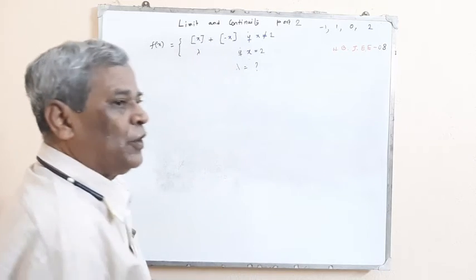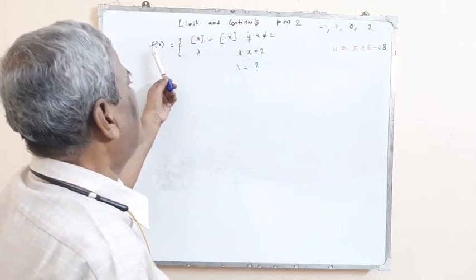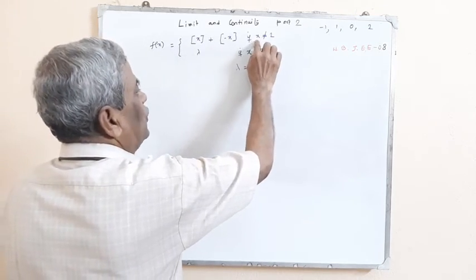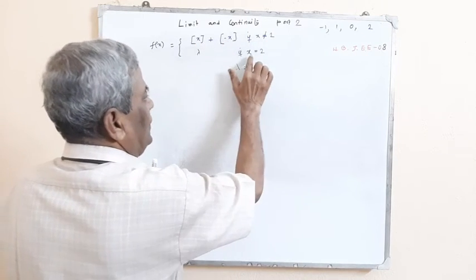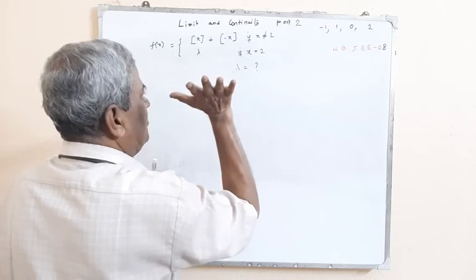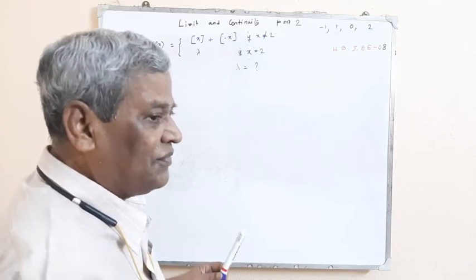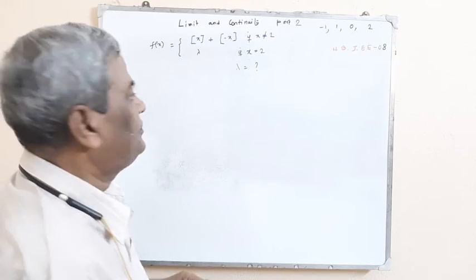This is a question of continuity. Given that the function is defined in that way, if x is not equal to 2, then it is this plus that. If x is equal to 2, then it is lambda. So we have to find the value of lambda if the function is continuous at x is equal to 2.